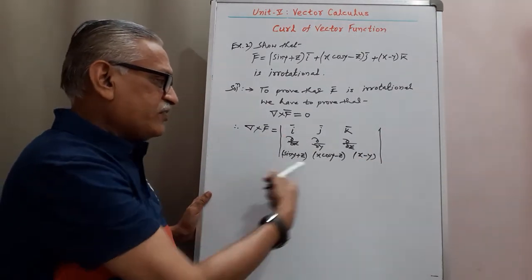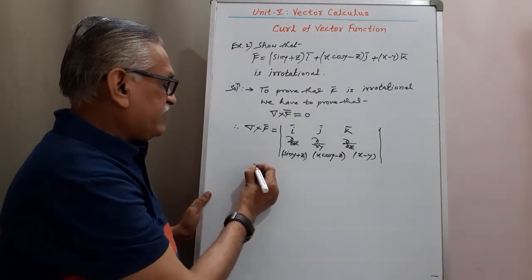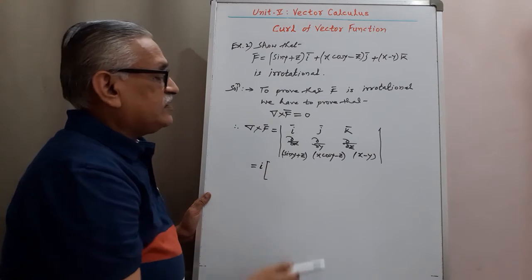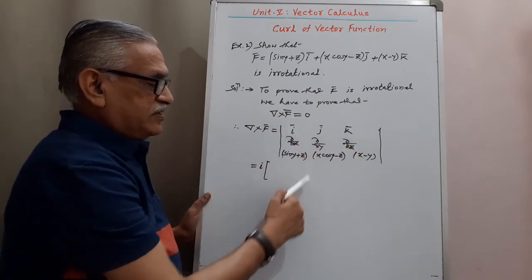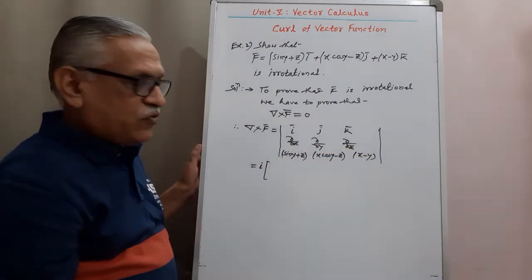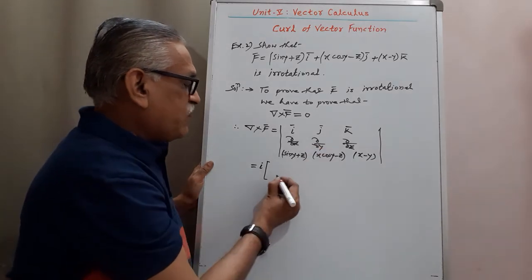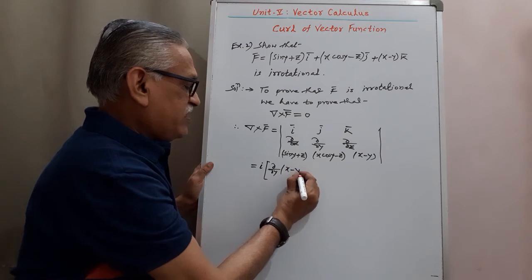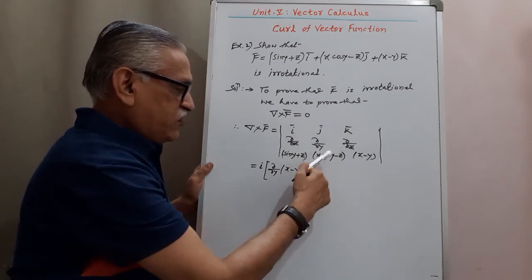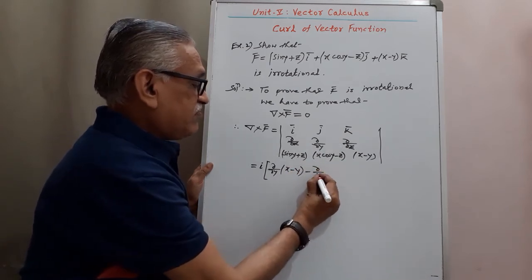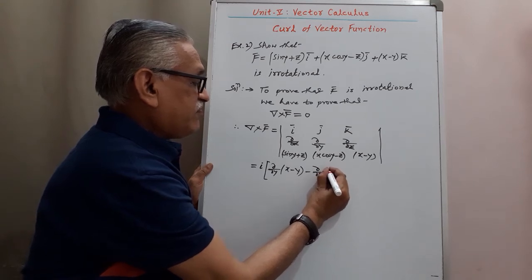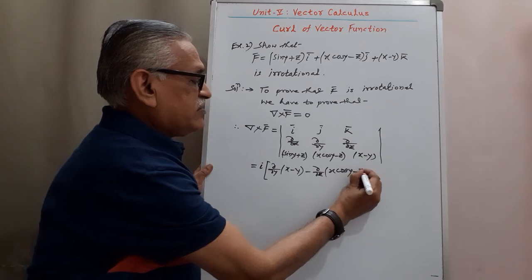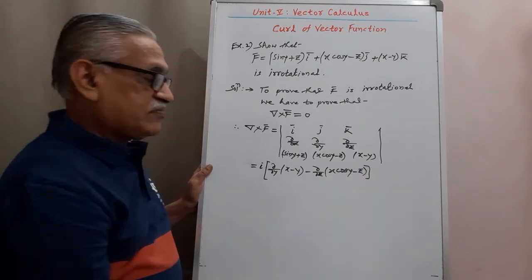Then evaluating this third order determinant, we get i into, neglecting first row first column and taking determinant of that remaining 4, we get ∂/∂y of (x − y) minus ∂/∂z of this (x cos y − z).